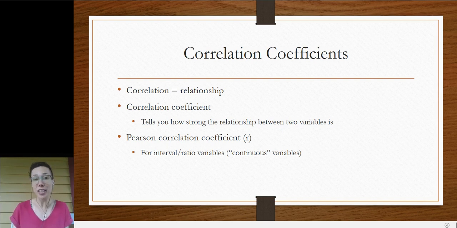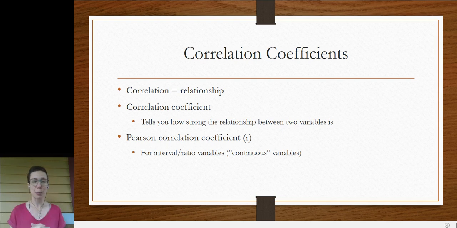If we have an ordinal level variable, like education level, we can't calculate correlation coefficients. For this particular calculation, because of the way the numbers are calculated, we have to use an interval or ratio level variable. These are also sometimes referred to as continuous variables.